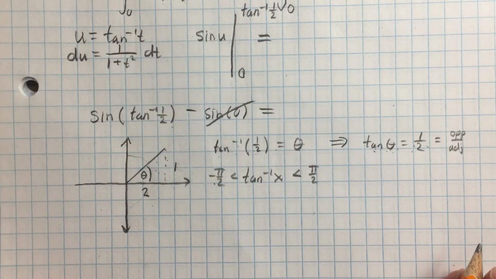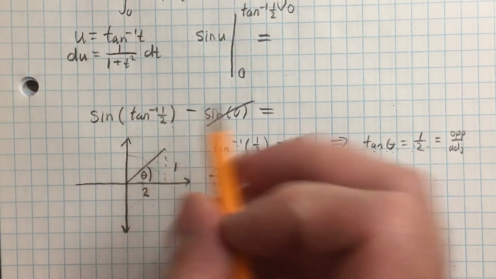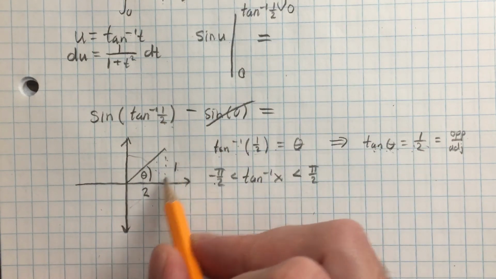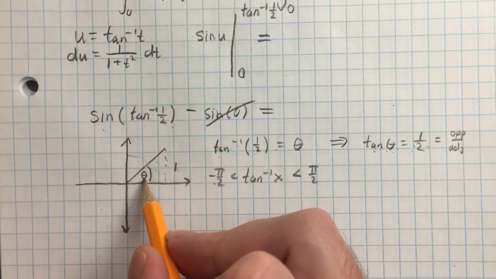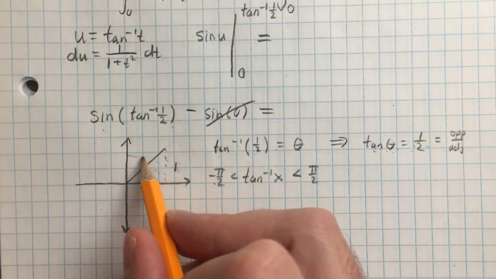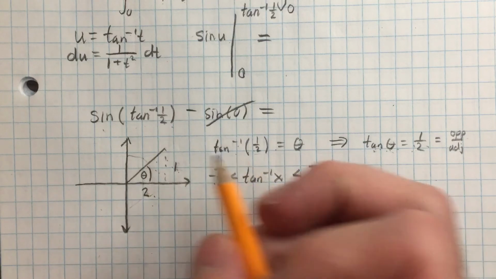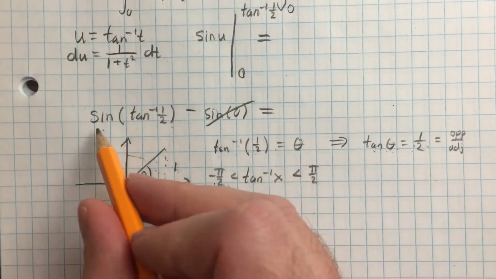So 1 to 2 ratio there. Now, that tan inverse of 1/2 is the angle that produces this 1 to 2 ratio here for tan. So therefore, sine of this angle will be the opposite over the hypotenuse. So all we need to do is figure out the hypotenuse here, and we'll have our answer for the sine.